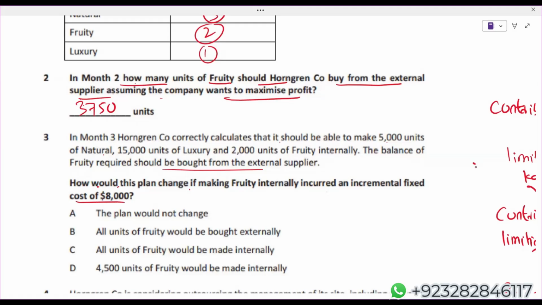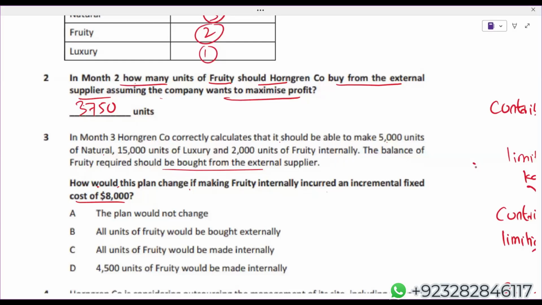Now, first of all, you should be able to understand the question. The question says in month 3, the company has decided we will be manufacturing 5,000 natural, 15,000 luxury, 2,000 fruity internally, and 8,000 of fruity we are going to buy externally. Fine.